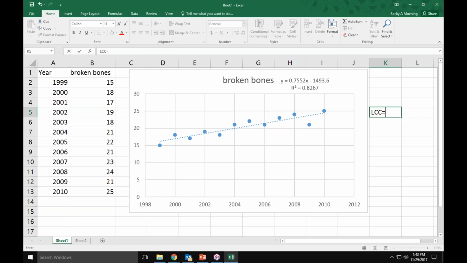Okay, so if we take the square root of 0.8267, we end up with 0.9092. Right? You're good. You don't have to find a calculator.